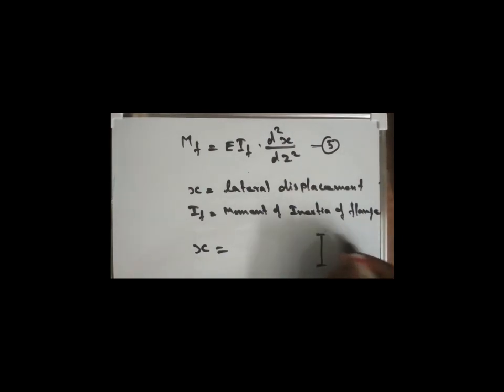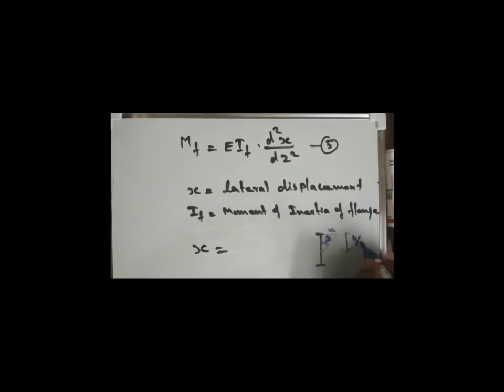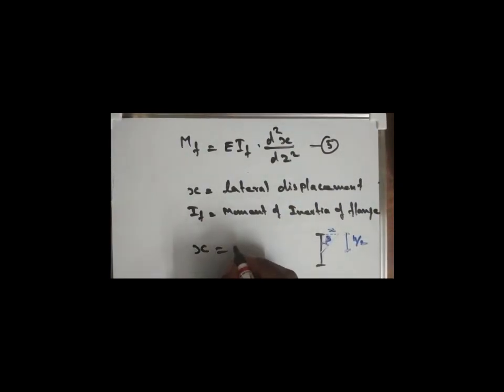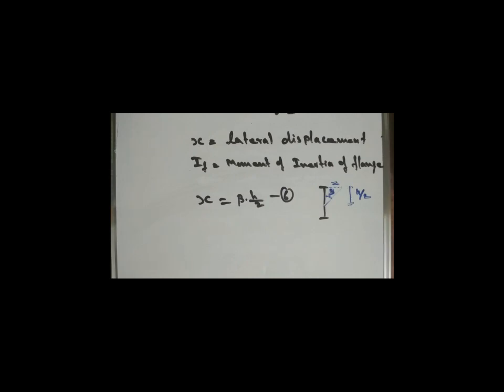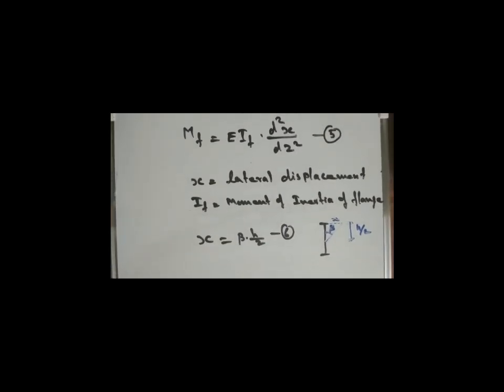X is equal to, the same cross section of the I-beam. Here we have a lateral displacement x. See the angle beta from the centroid, and the height is equal to h by 2. From the simple mathematical formulation, we know that x is equal to beta into h by 2. That equation we will call as equation number 6. Now we have to substitute the value of x in equation number 5.